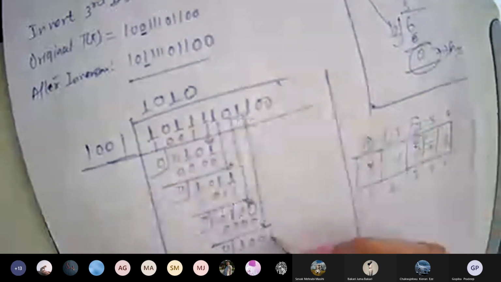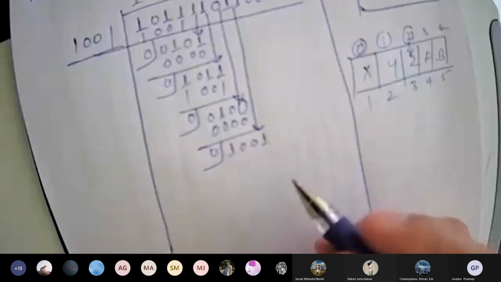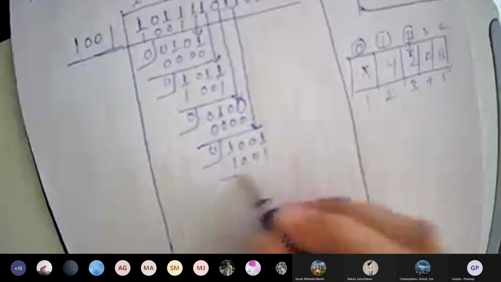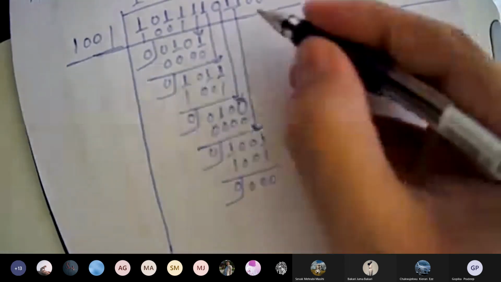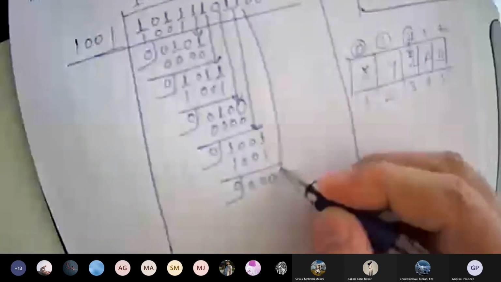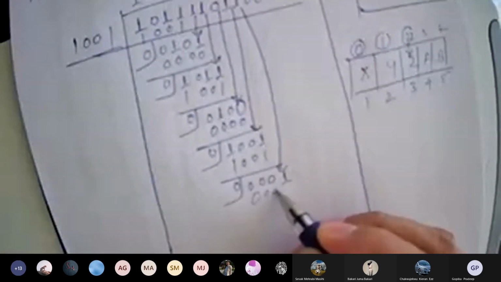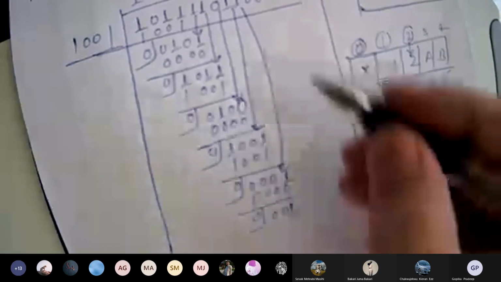Take this one. How many times can you divide? One time. So 1001. 0 you will discard. 000. Take this one. How many times can you divide? 0 times. 0000. 0 you discard. 001.